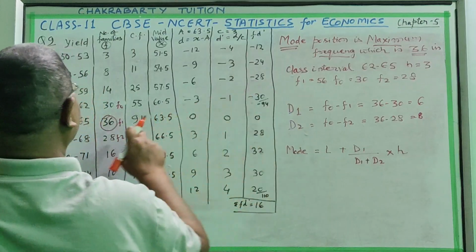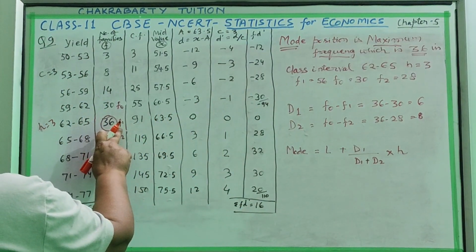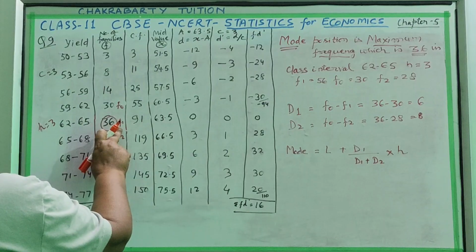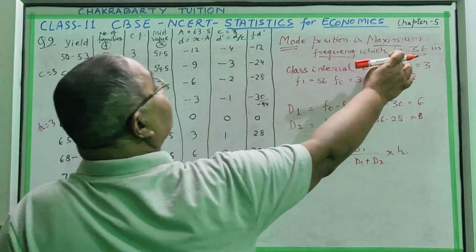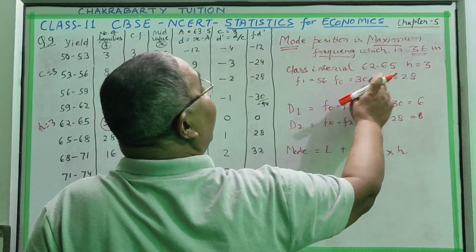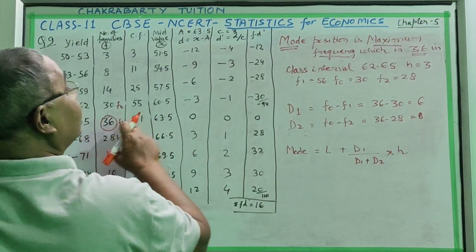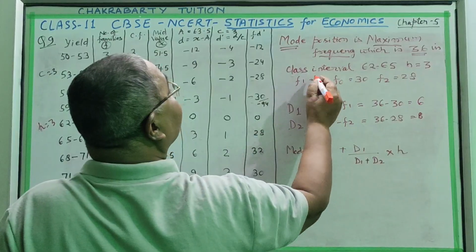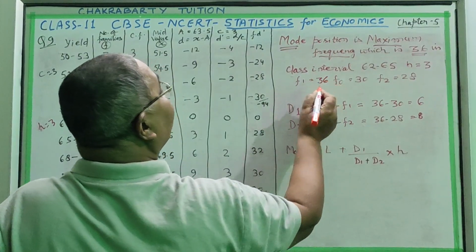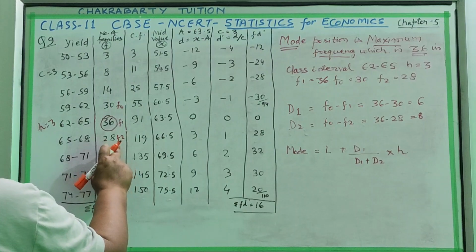Its frequency is F1, which is maximum, so F1 will be 36. F0 will be 30 and F2 will be 28.